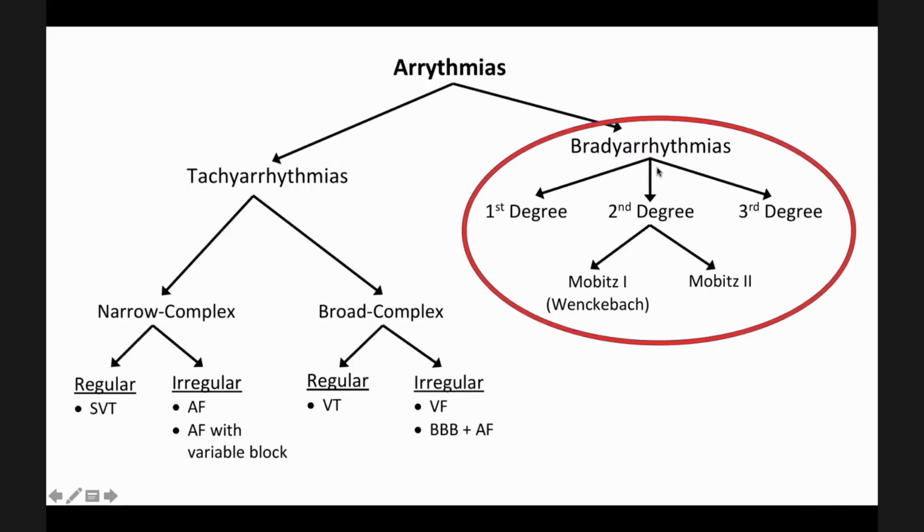Now we'll move to the bradyarrhythmias. There are 3 types: first degree heart block, second degree, and third degree. Second degree is again divided into Mobitz type 1, that's Wenckebach, and Mobitz type 2, and those are the second degree AV blocks.